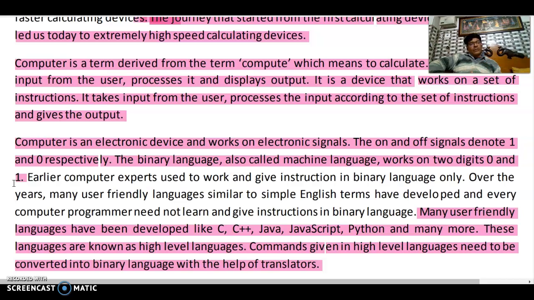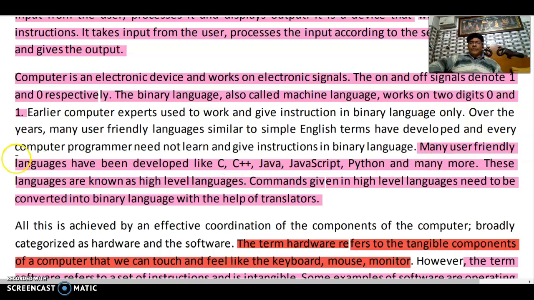It will convert it into machine code, then the machine will understand our instruction. We give the instruction using English-like language, then the compiler or interpreter converts it into machine readable form. The machine understands our instruction, does the work accordingly, and gives us the output. That is the main funda of a computer.